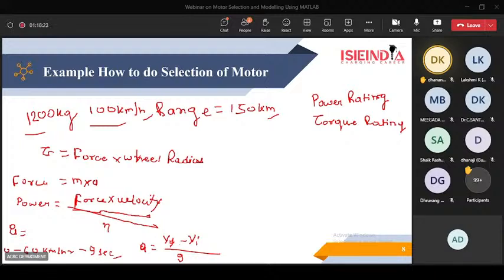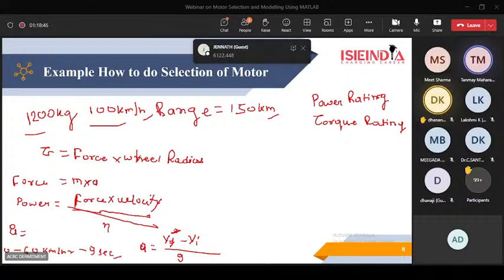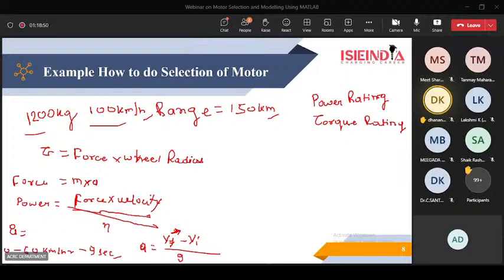Acceleration 2.7 meters per second? You sure? Because the initial velocity is 0 and final is 60 km per hour, divided by 9 seconds.